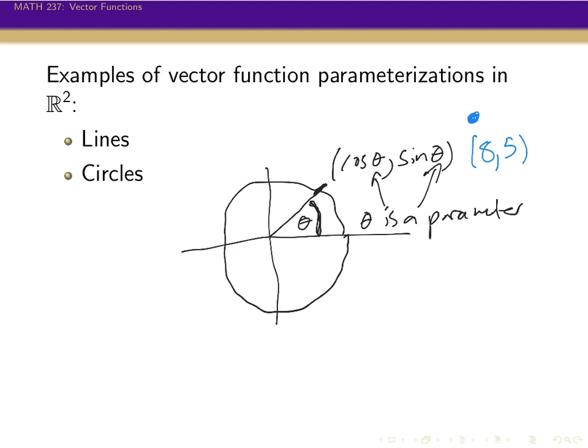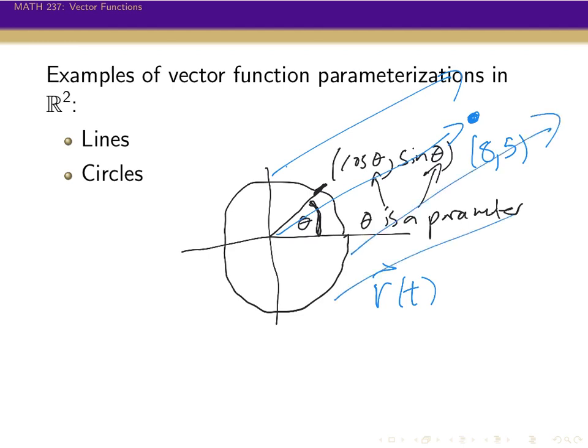How could we do a circle with radius 1 centered at (8, 5)? What we could do is shift this entire circle by (8, 5).